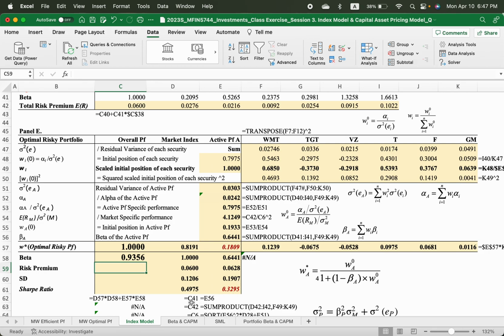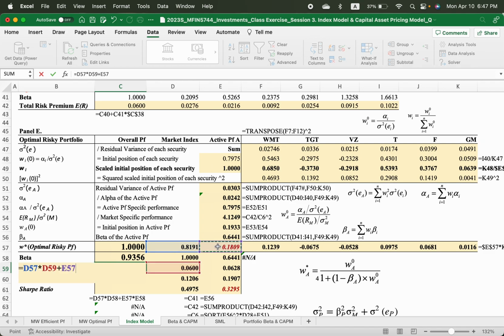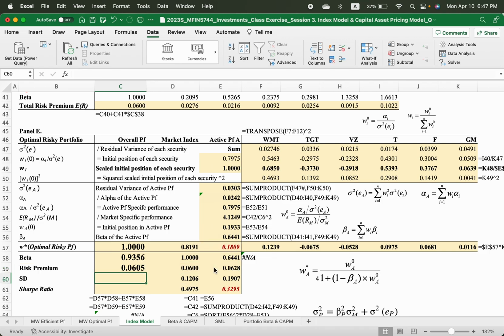Risk premium, also the same process. How to get this risk premium? Right, we have the weight times the risk premium of the market index and the weight of the active portfolio times the risk premium of the active portfolio.